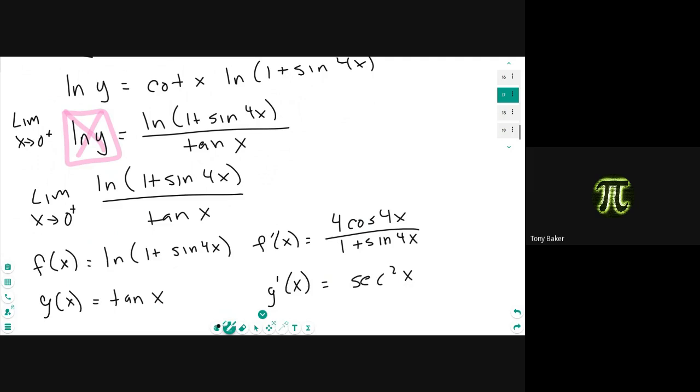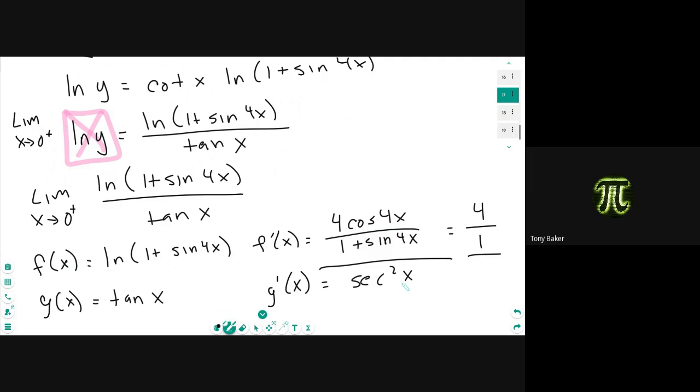All right, so if I plug 0 into this, what do I get? Well, if I plug 0 into 4 cosine 4x, I get 4, over 1.